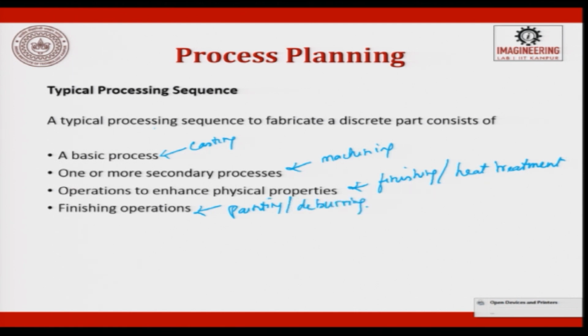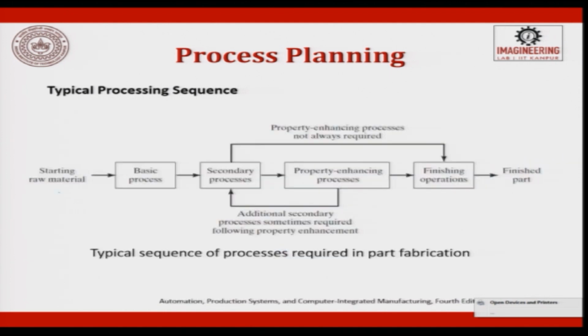Okay. A typical process sequence to fabricate a discrete part consists of a basic process, then secondary process, then enhancing the physical property of the part, and then finally finishing. These are all the typical steps which are involved. So, starting raw material, basic process, secondary process, then we try to do property enhancing process.